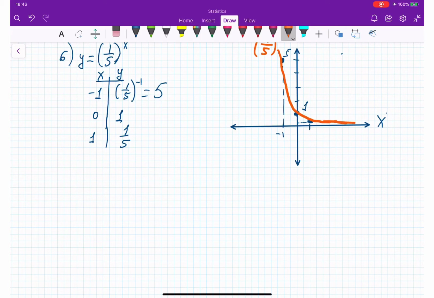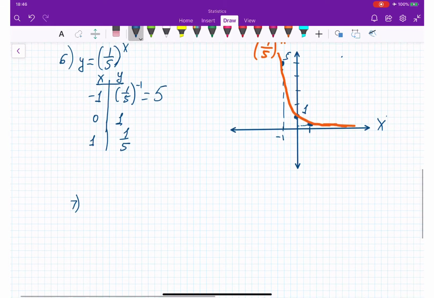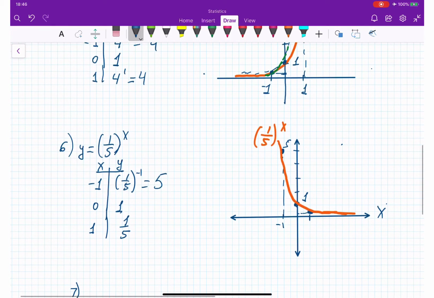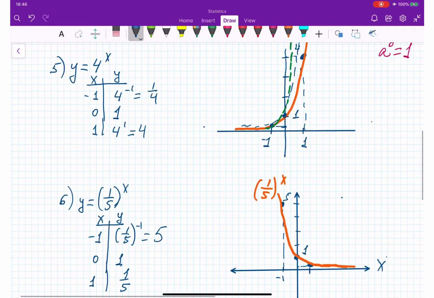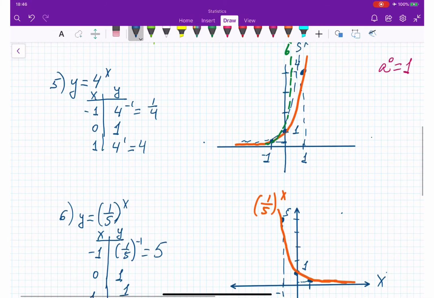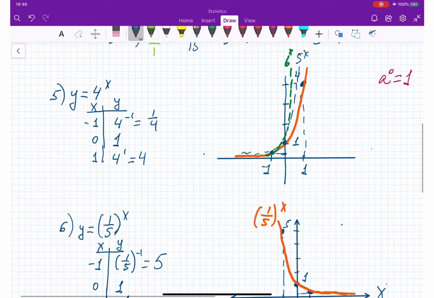Okay, question number 7. What do we have here? So practically, when our base is a fraction, then the graph is going the opposite way, which means you are flipping this.